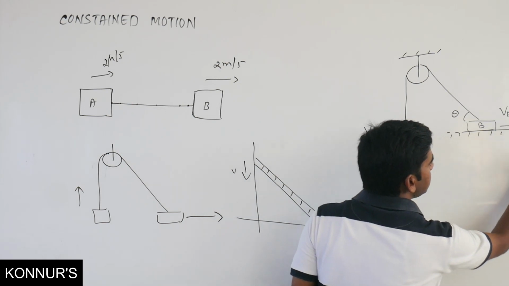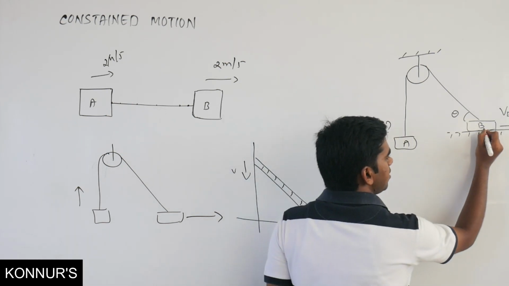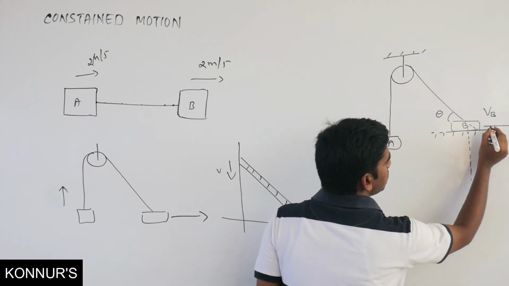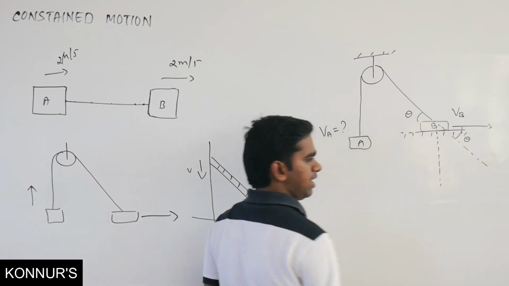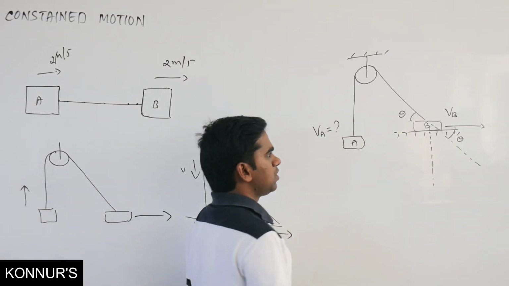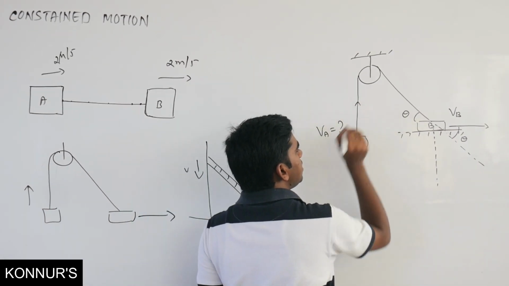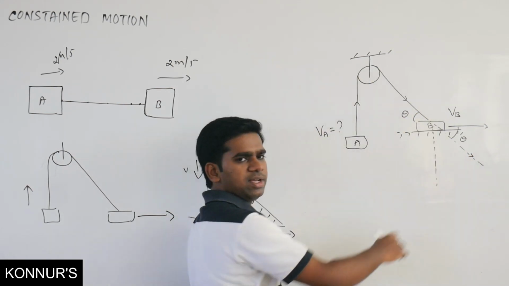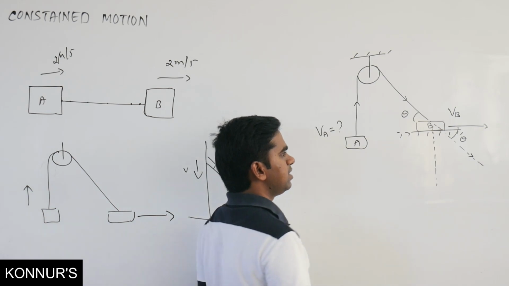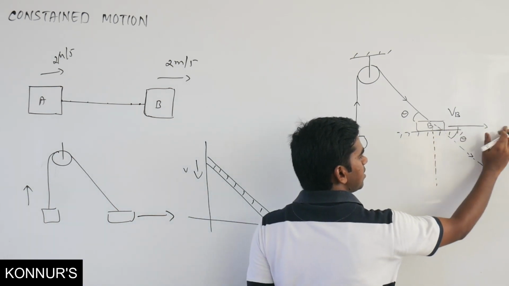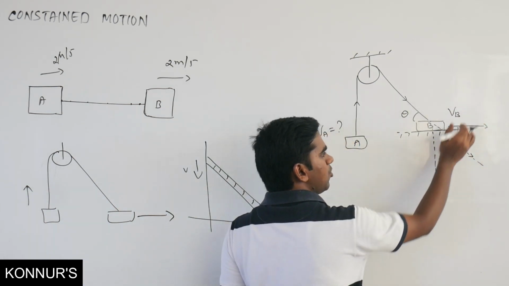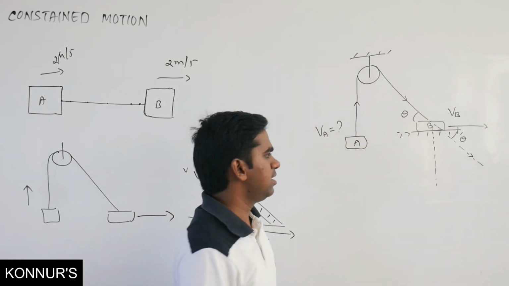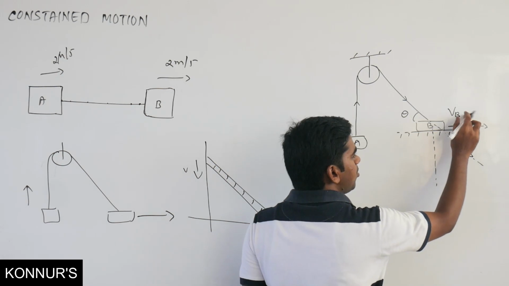The velocity of B is in this direction. If we extend this one, this is going to be theta. It should move in this direction, so this will come here. This is the direction of the velocity of A. Similarly, the velocity of B is here, so take the component of the velocity of B along the velocity of A. Now what is the component of Vb?